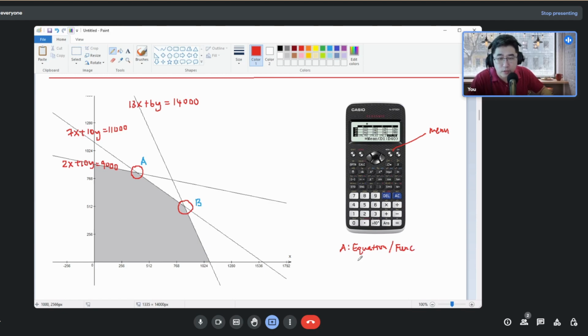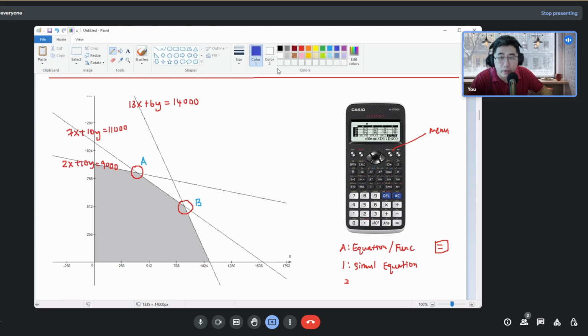After that, you select simultaneous equation, so you press 1. Then the calculator asks how many unknowns you have. You only have two variables, x and y, so we press 2. Then the x and y appear here.